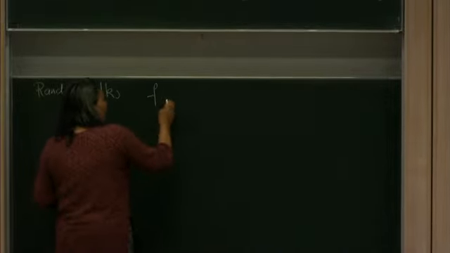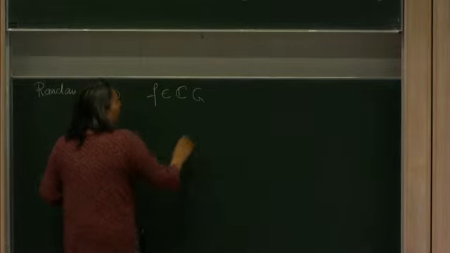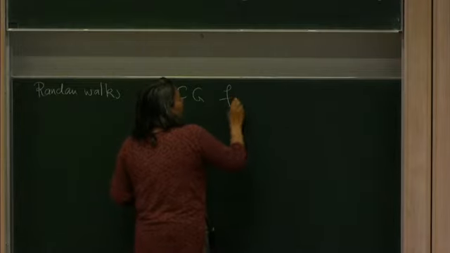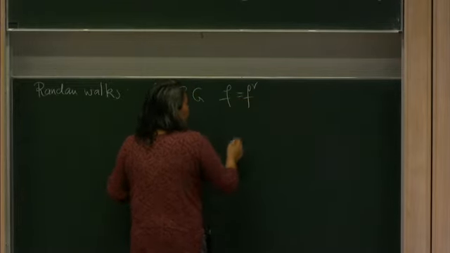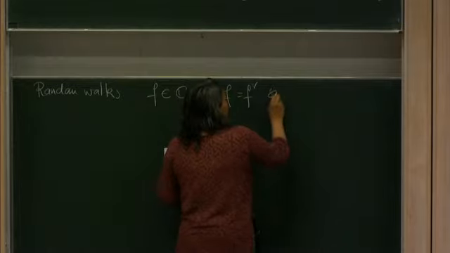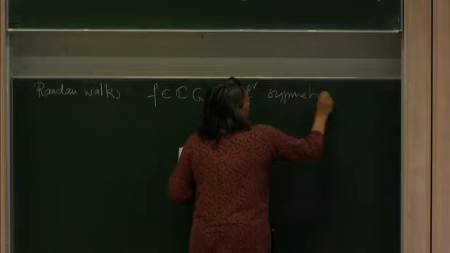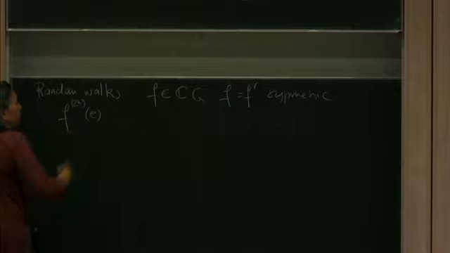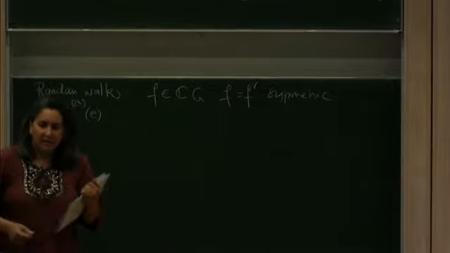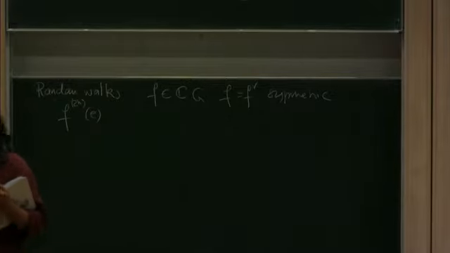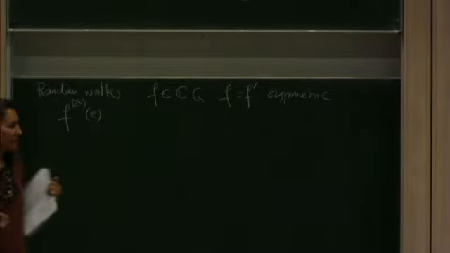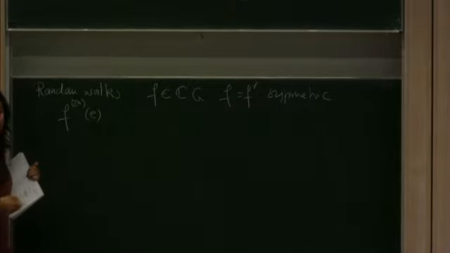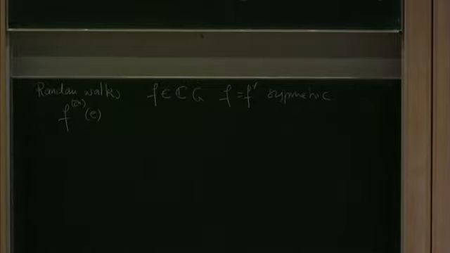In the context of random walks, a random walk is in fact just an element in CG, which is symmetric if your random walk is symmetric. When you take the 2n convolution, if you like to think of CG as an algebra, it's just the 2nth power that you evaluate at e, that gives you the probability of return after 2n steps according to this random walk.